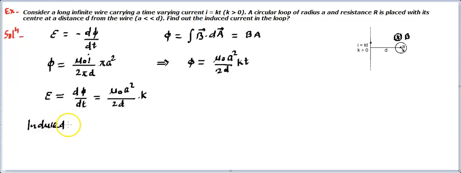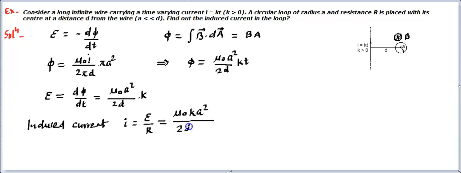The induced current in the loop is I equals the EMF that we have calculated divided by the resistance, and the EMF is written over here. So the answer becomes mu naught into K into a squared divided by 2 d R.